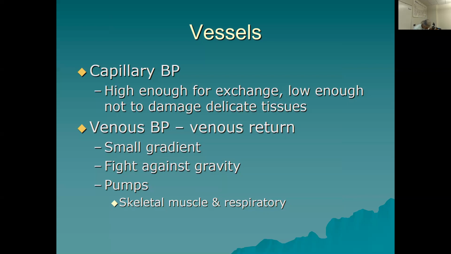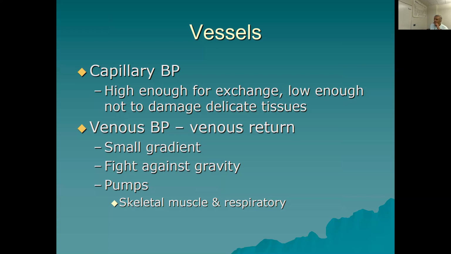But what about the blood from your lower extremities below the heart? You have to get this blood back to your heart, and it's a low pressure system. It's really a fight against gravity, right? And it's a smaller gradient, so there are a couple of things that help bring blood back to the heart. A couple other pumps, so to speak.